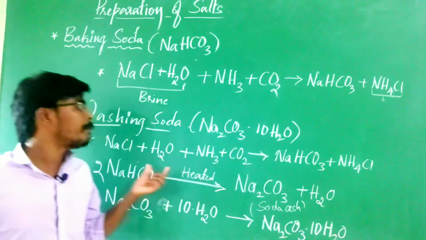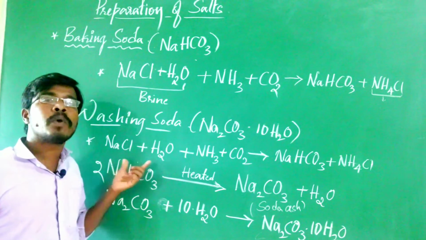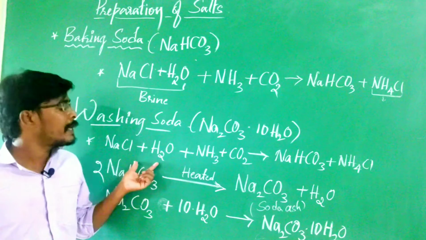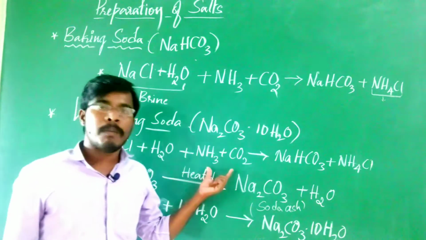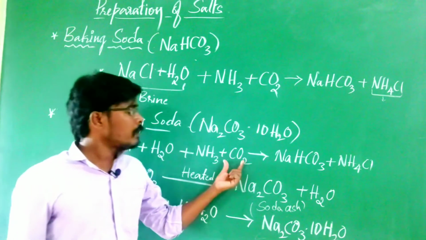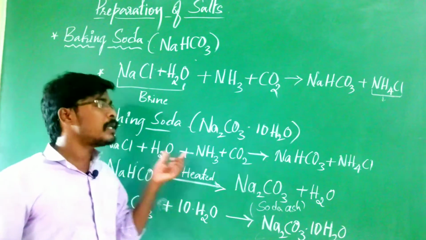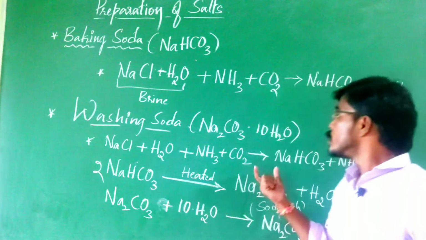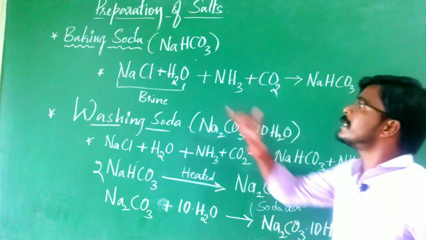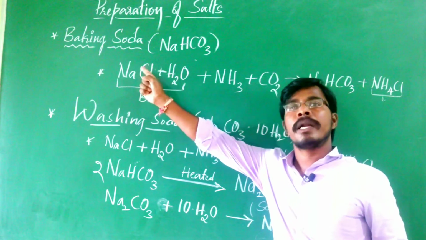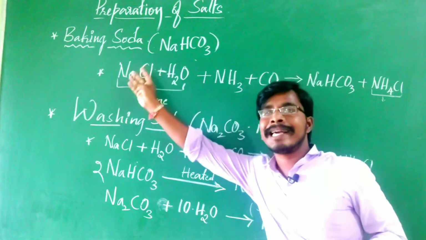Hope you understood. So initially we will take sodium chloride and water solution. To that, ammonia gas is passed, then carbon dioxide gas is passed. Both will react with the salt solution and form sodium bicarbonate, which is called baking soda, as we have already discussed in the earlier reaction.